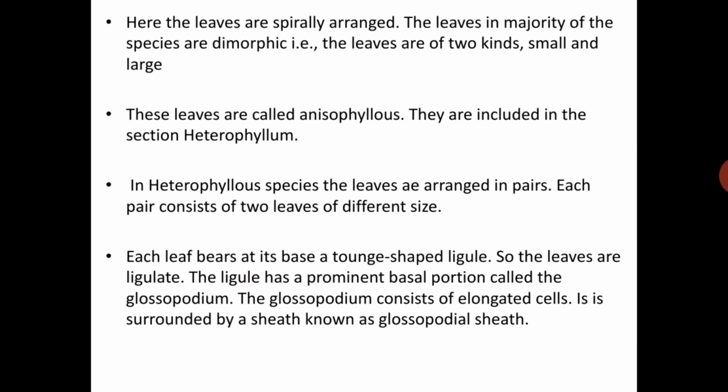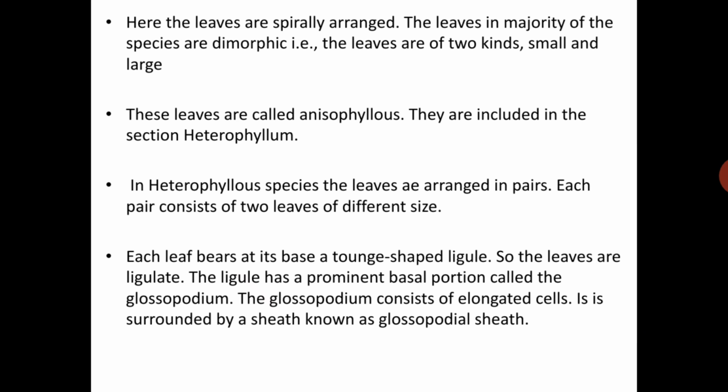The leaves in the majority of species are dimorphic. That's leaves of two kinds, small and large. That's why we call them dimorphic. These leaves are called anisophyllous. They are included in the section Heterophyllum, the second type. Homophyllum is the first one and Heterophyllum is the second type.